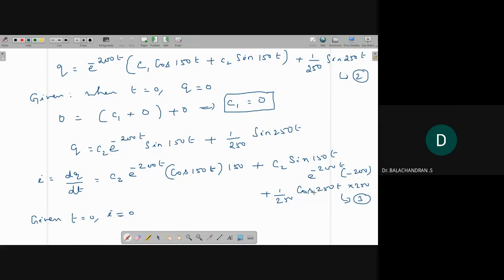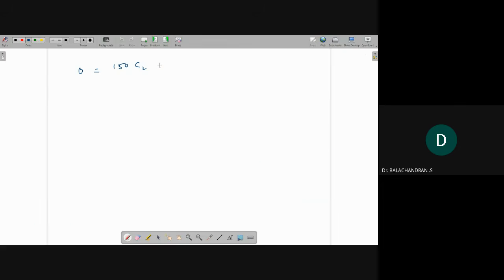This is cos 0, which is 1, plus 1. So this implies C2 equal to minus 1 by 150. Okay, we got the C1 and the C2.